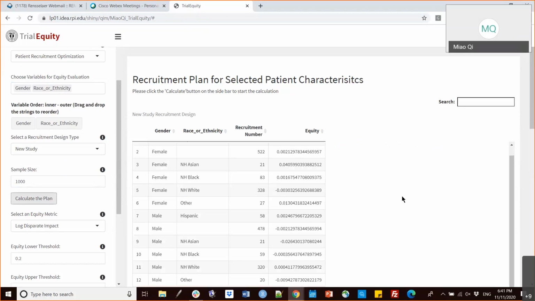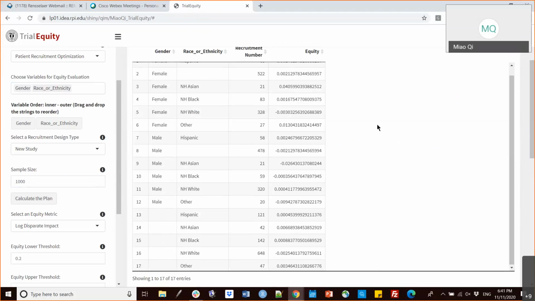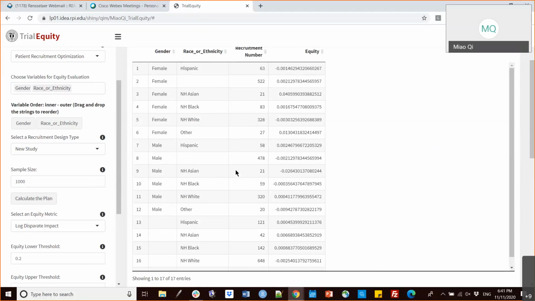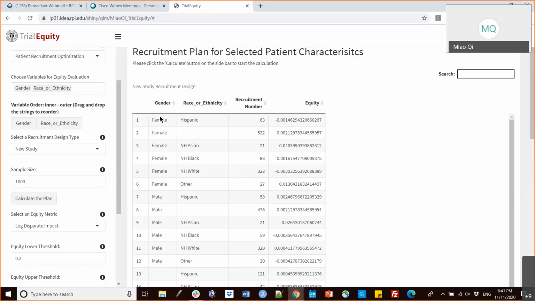So here, like what I showed in the slides of the mixed population part, I provide you how many people are in each subgroup, like the female Hispanic, and also the higher level, like the female level. So we try to make sure that the females from different races add up together to the same as this female level.